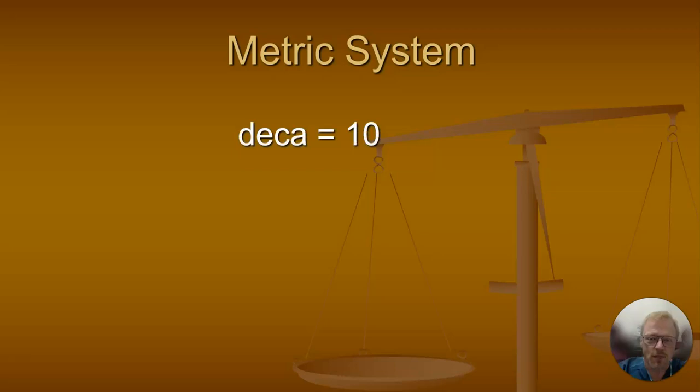So we'll start with talking about prefixes. Deca means that it's 10 times whatever. So if I'm talking about a gram, then 10 times that, or 10 grams, would be a decagram.